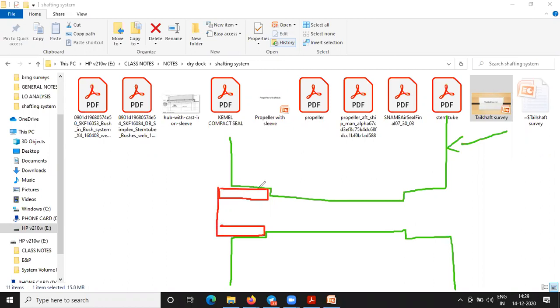Okay, this is one complete bearing. Understand? The complete bearing is a complete tube. It has some holes on it. From here we'll push in another set of bearings.